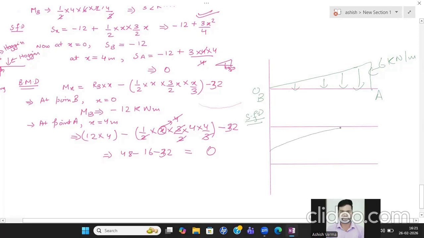Therefore, it will look something like this, 12 kilonewton. And for BMD, it is a cubic equation having value minus 32 at B. Like the parabolic equation, the cubic equation is also drawn, and this value is equal to 32 kilonewton meter. So this is all about the cantilever beam containing uniformly varying loading.